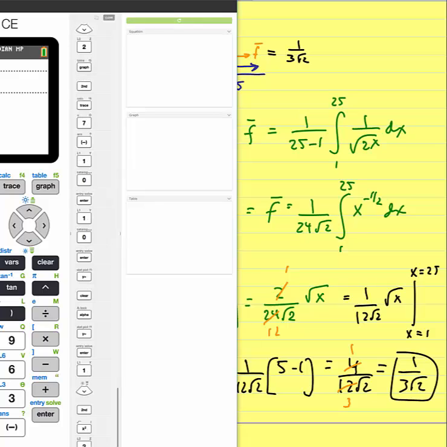Now we might have to change our scale here, I think we could just go 0 to 1 on our y-axis, and I think that's going to help us zoom in quite a bit, because we don't want the graph to look flat. There we are. Now on our x-axis, we want to go clear out to 25. So let's go 0 to 25 on our x.